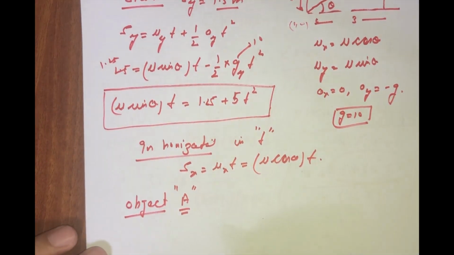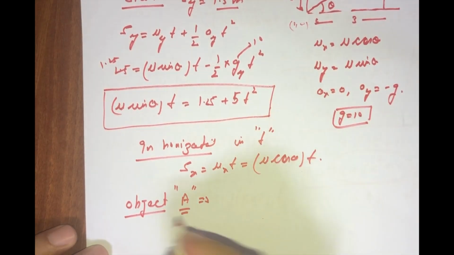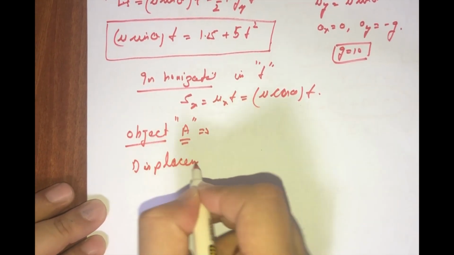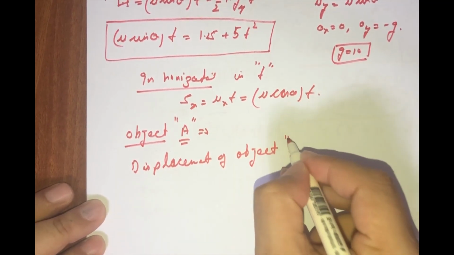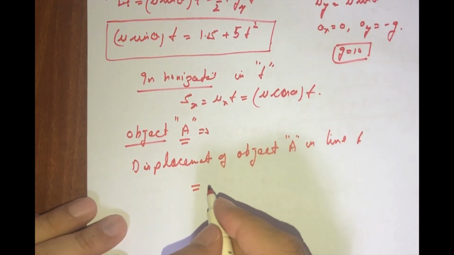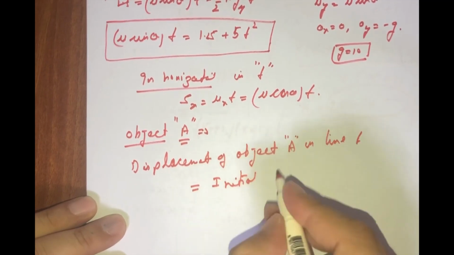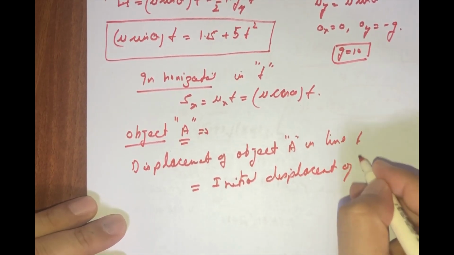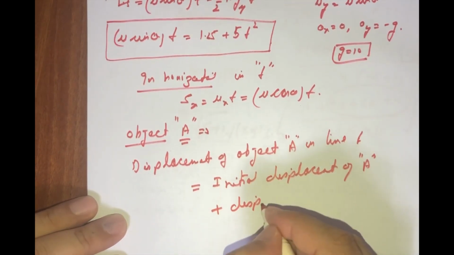So we can say that displacement of object A in time t will be equal to initial displacement of A plus displacement due to acceleration.